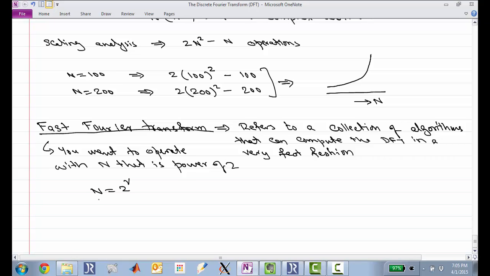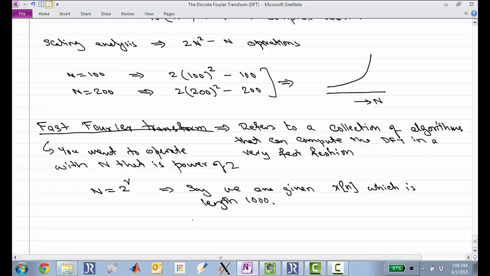Okay? So then what happens if your signal is not, so say we are given xn, which is length 1000, okay, and someone asks you to compute its DFT.